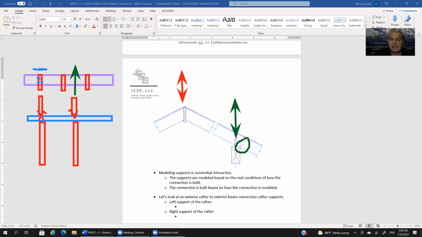This is a hurricane clip, and the hurricane clip is there to prevent uplift. It's there to provide that resistance so that if the rafter does try to pull up, it's connected to this beam, and in turn it will pull up on the beam. What does that mean for us modeling this? That we've got resistance in the vertical direction and we've got resistance in the horizontal direction.